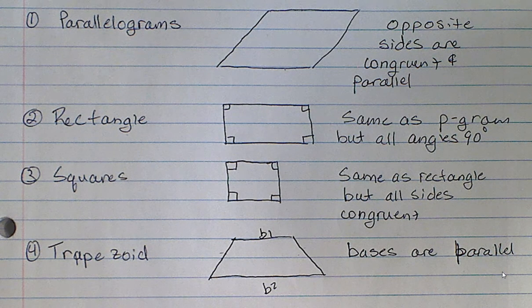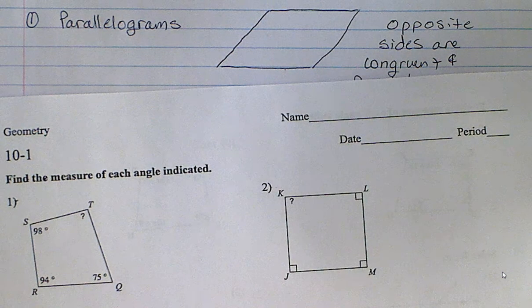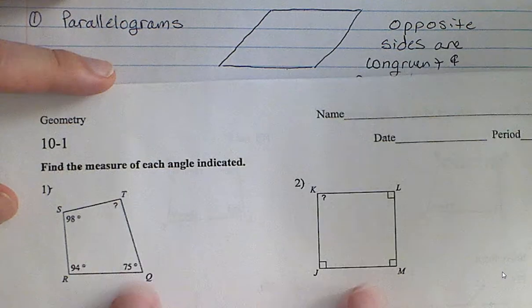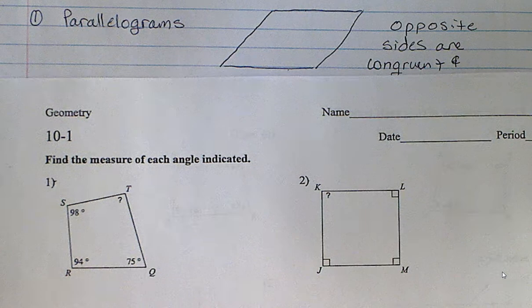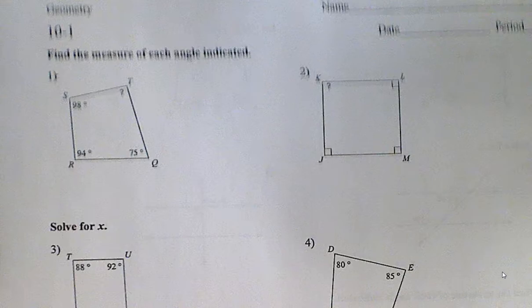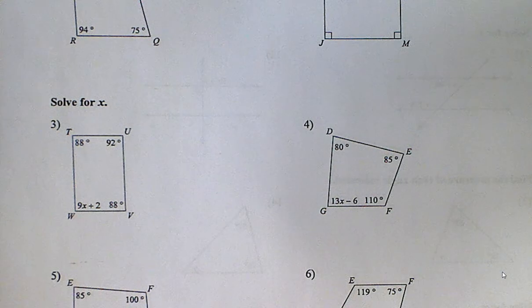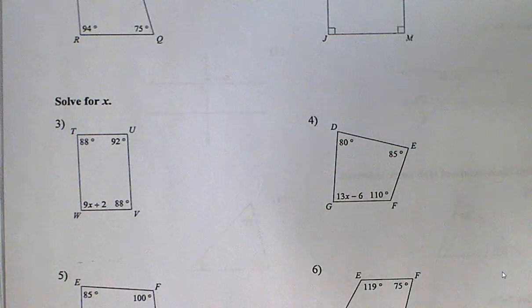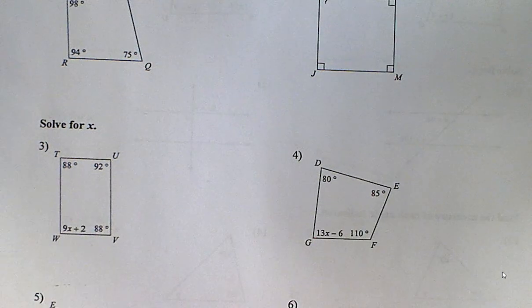Okay. So on today's assignment, for the first two, it's just like the warm-up. You're finding the measure of the angle that's indicated. For 3 through 8, you're finding what x is. So x equals would be your answer.